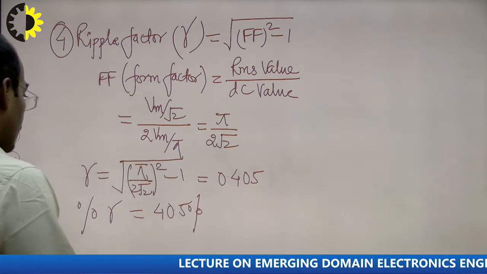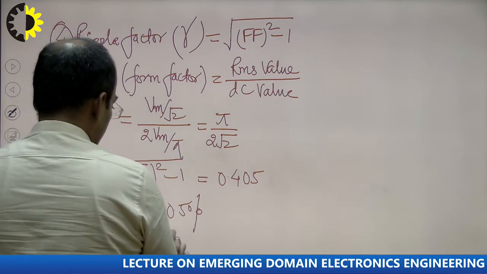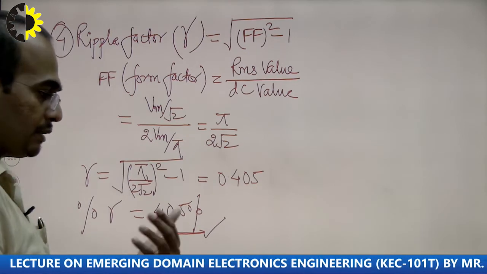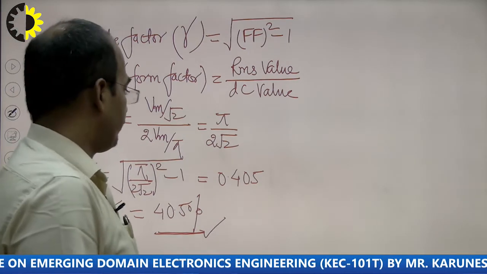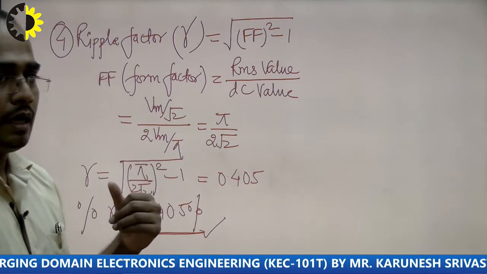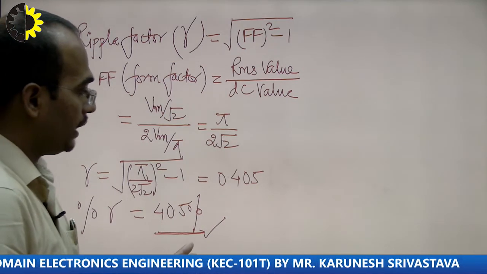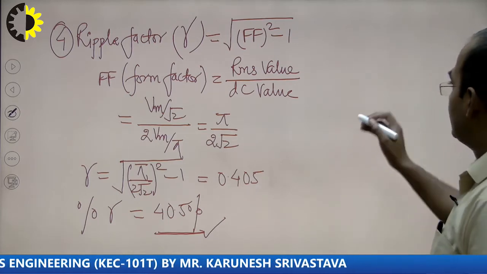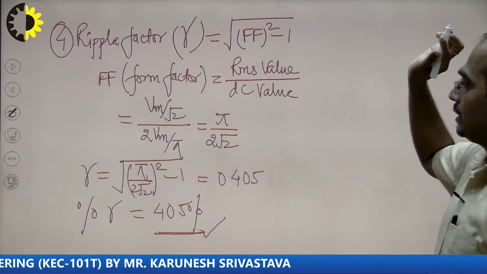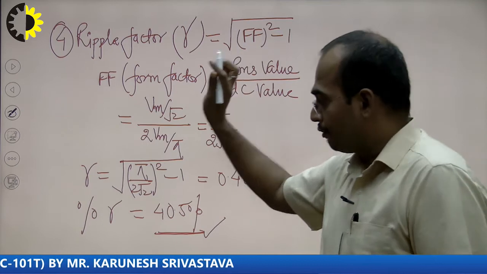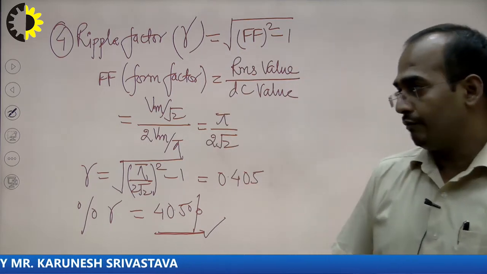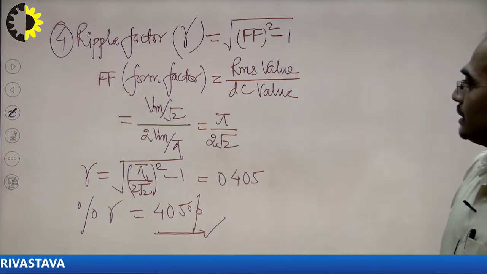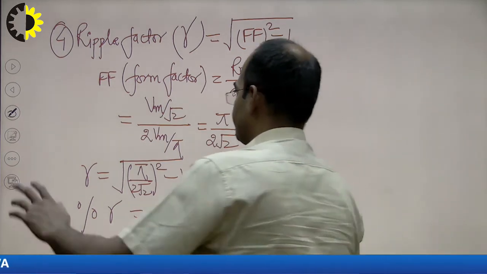So one of the disadvantages of the half wave rectifier has been improved. This is the advantage of the full wave rectifier. Another disadvantage of the half wave rectifier was that it has lower efficiency. For improving the efficiency we use the full wave rectifier. So we will find the next parameter, that is the efficiency of the full wave rectifier.